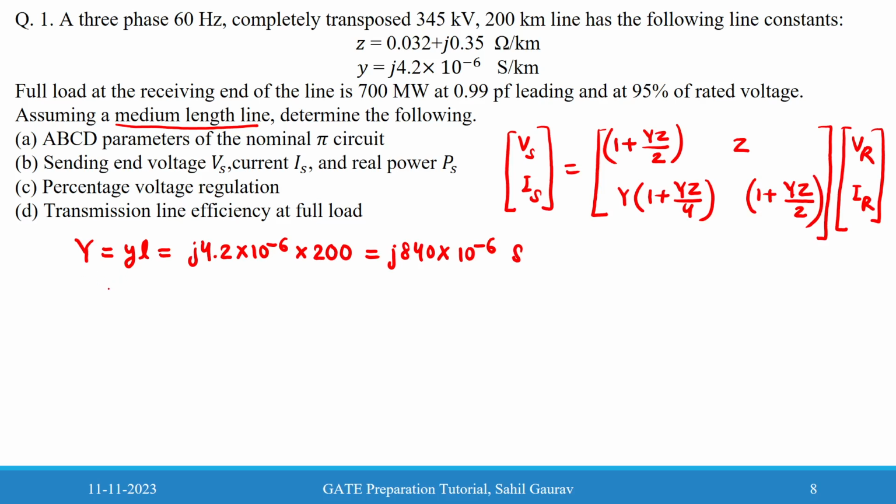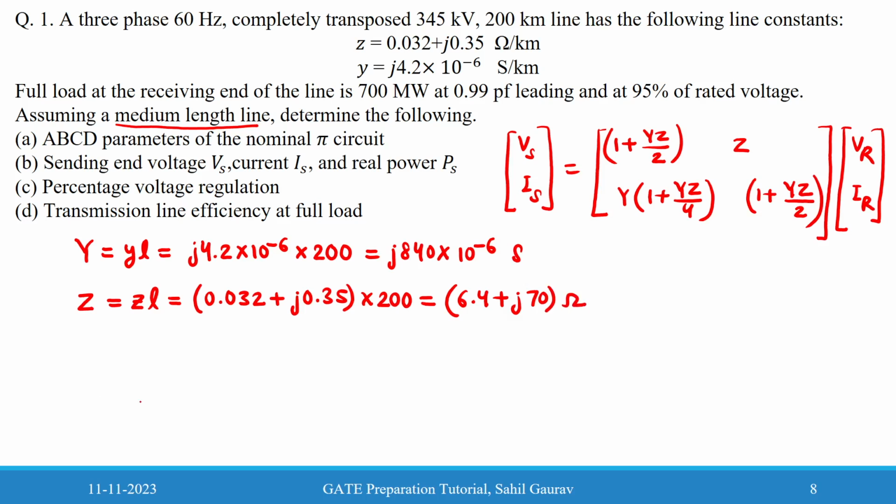Whoever is getting the answer, you can type it on the chat box. A, B, C, D, whatever value you are getting, you can type it on the chat box. ZL is 0.032 plus j0.35 multiplied by 200 ohm, so it will be 6.4 plus j70 ohm.